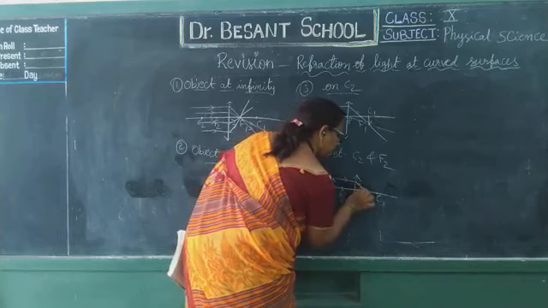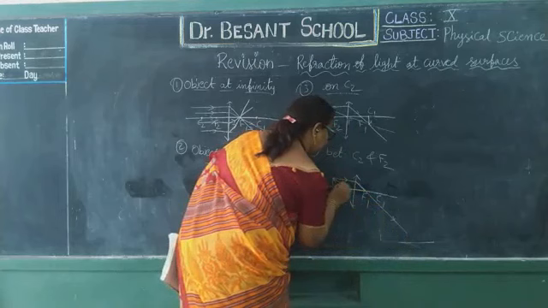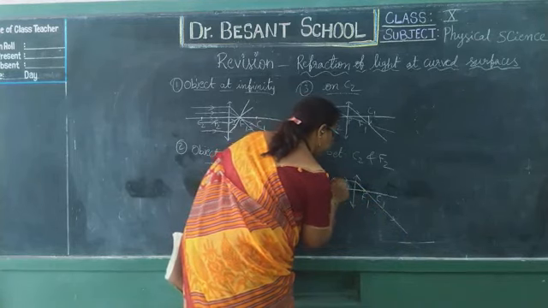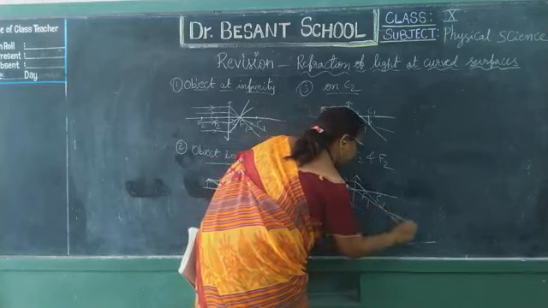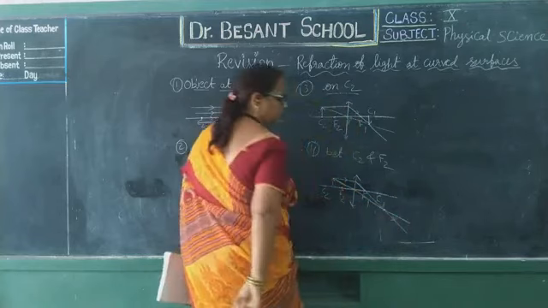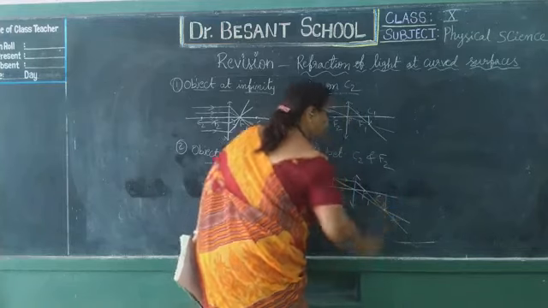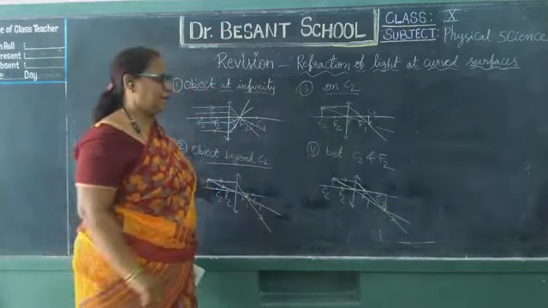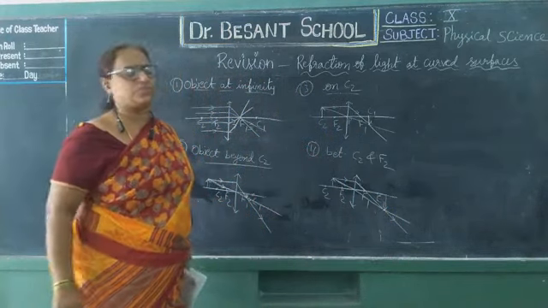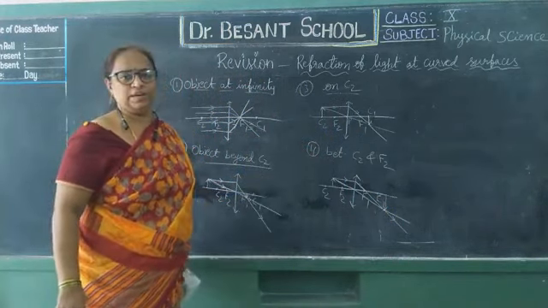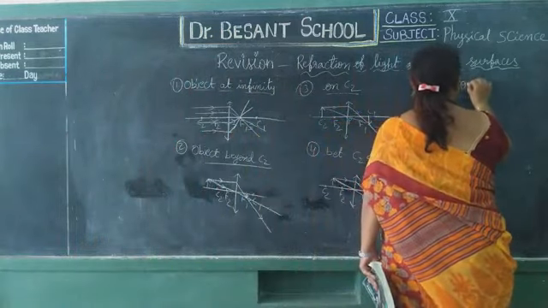One is parallel to the principal axis and passing through focus. Another one passing through the optic center without any deviation in its path. See here, both the refracted rays are meeting. So this is the image. So a real, inverted and enlarged, magnified image is formed beyond C1.